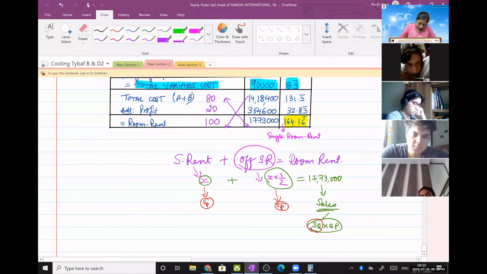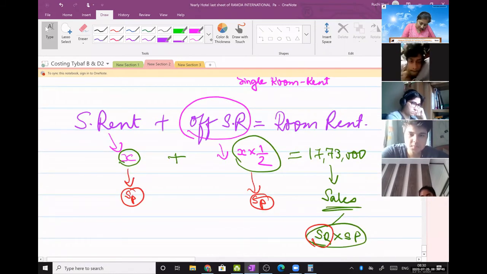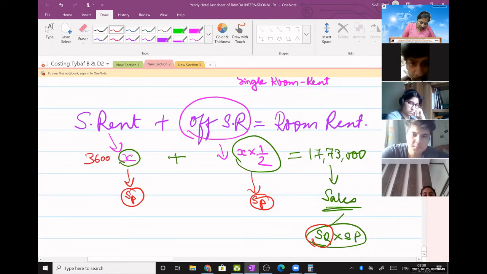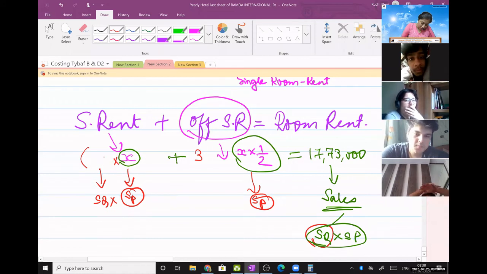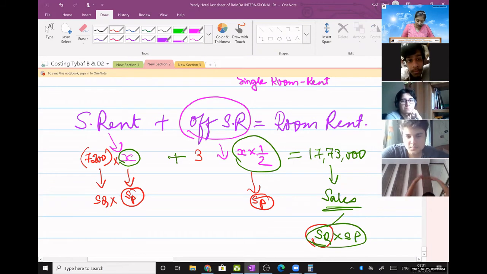So now can I write it like this? 7,200 selling quantity of season's SQ multiplied with selling price rupees X. Of off season's 3,600 SQ multiplied with selling price half of X.